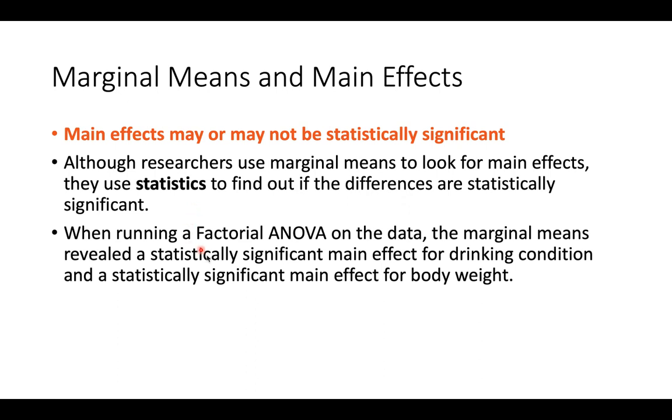So we would have to run what's known as a factorial ANOVA. Remember, we just finished one-way and repeated measures ANOVAs, which will give us an F-test statistic for the main effects. So we would have to actually run the stats to know for sure whether the effects are significant. But we can eyeball them and start to interpret them from the marginal means.